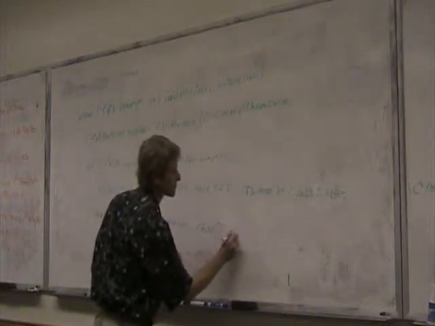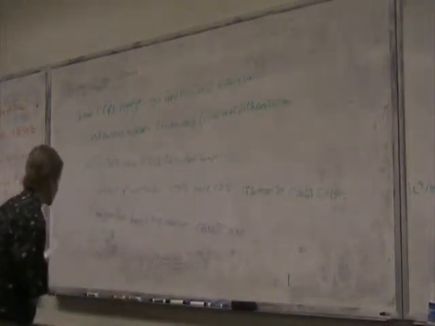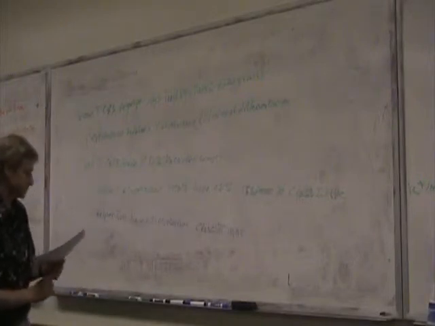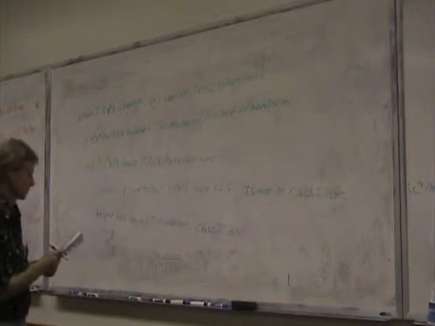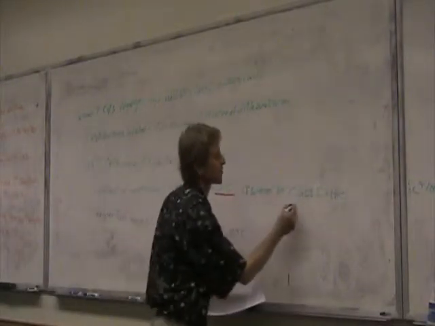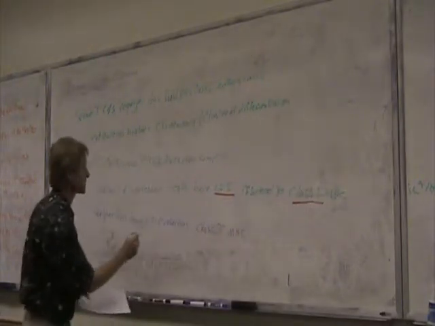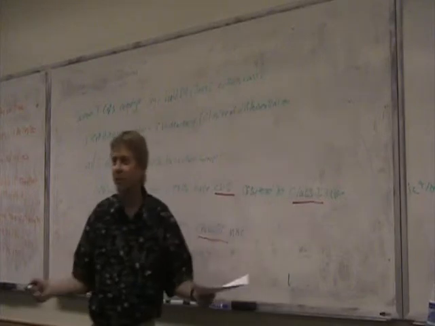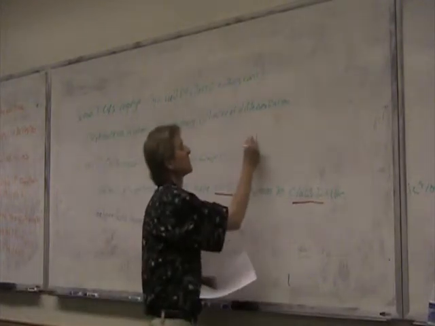MHC. How do you keep them straight? These have CD8s, and they respond to class 1. These have CD4s, they respond to class 2. You keep them straight by multiplication, right?